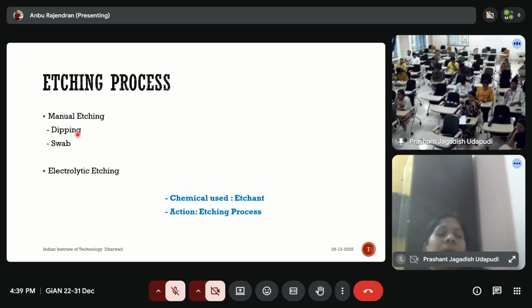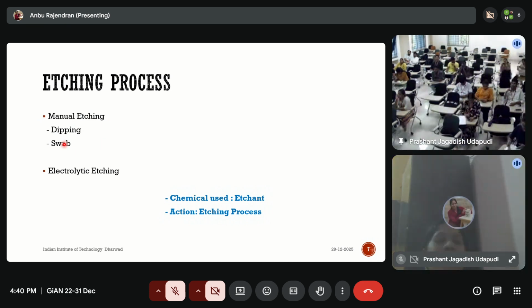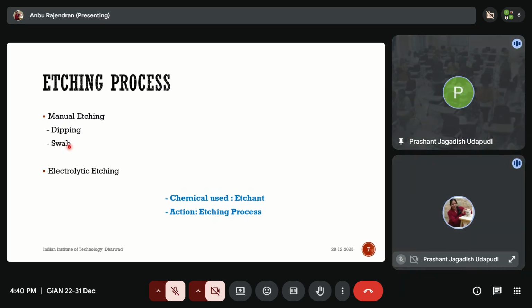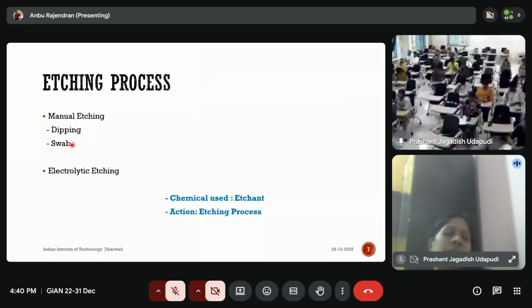Or instead of dipping the entire sample into the solution, you can dip cotton in the chemical and touch it over the surface. That action is called swabbing. By that you can control the rate of reaction.